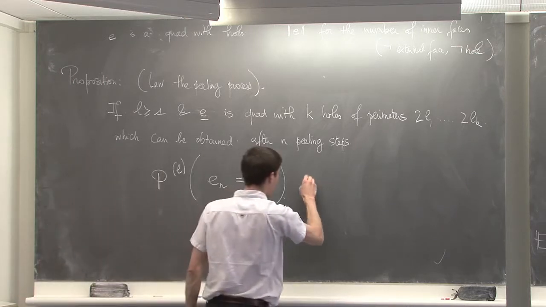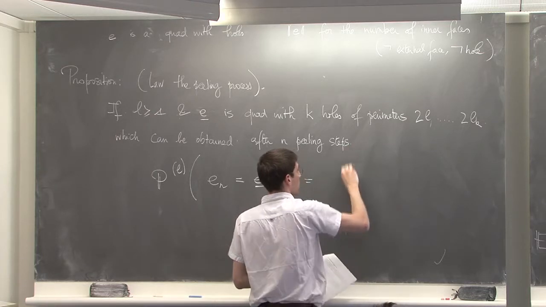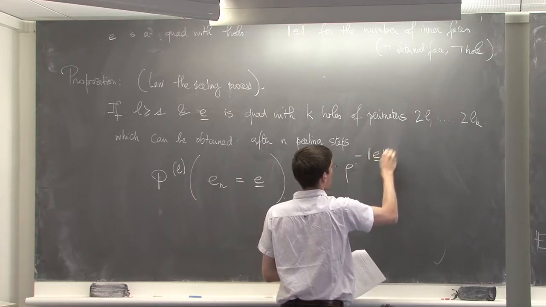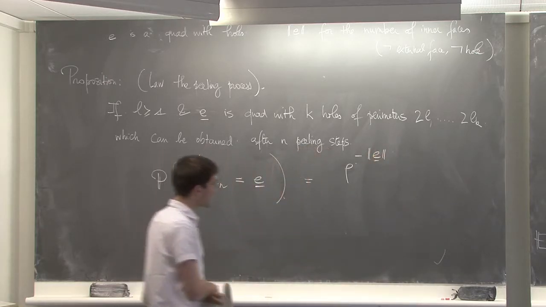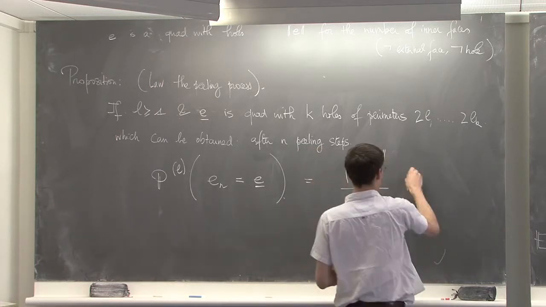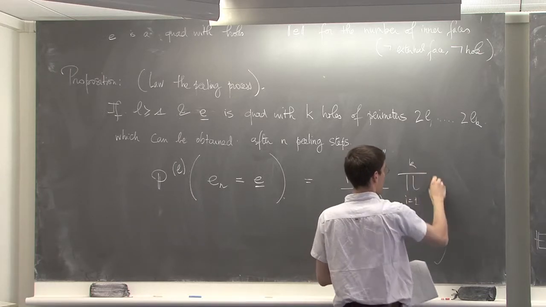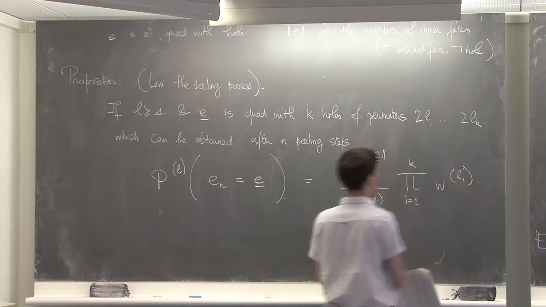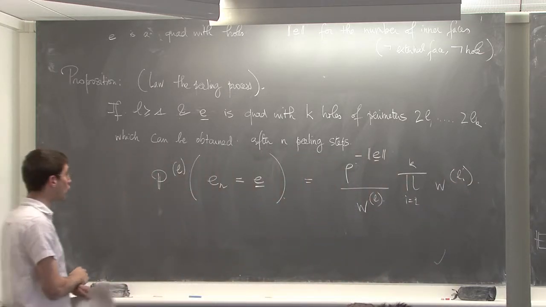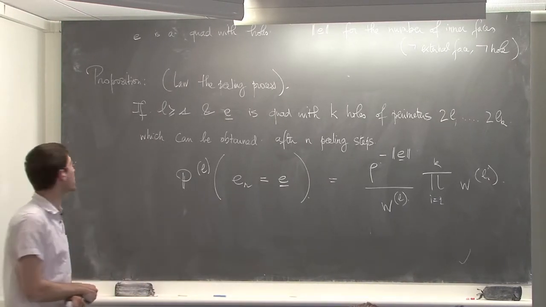And this is explicit: rho to the minus the number of inner faces of E, divided by the partition function WL times the product for i equal to 1 up to K of WLi. So that gives you the law of the nth guy in your pinning exploration.